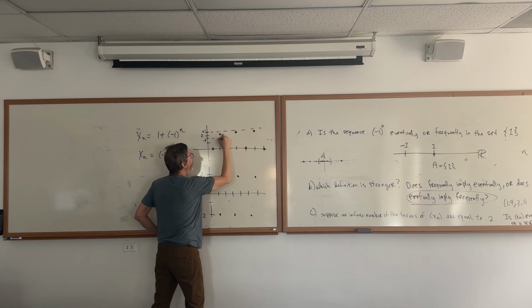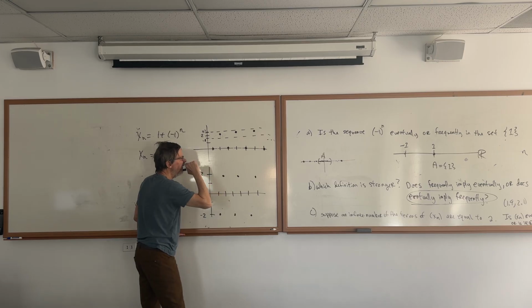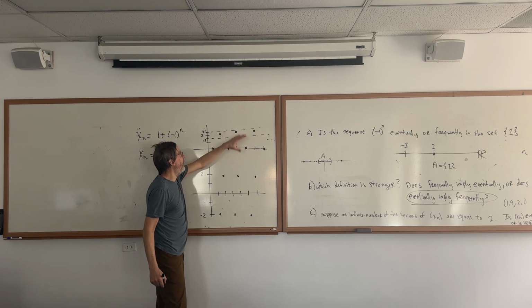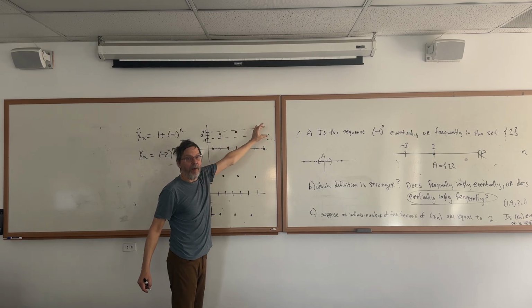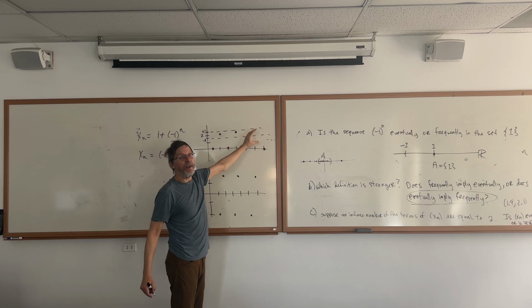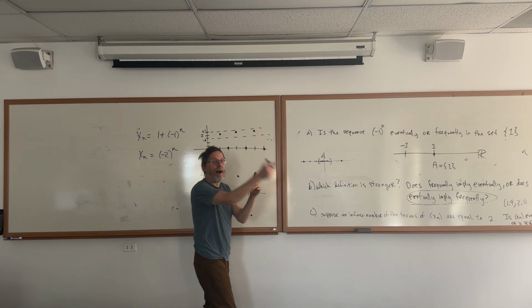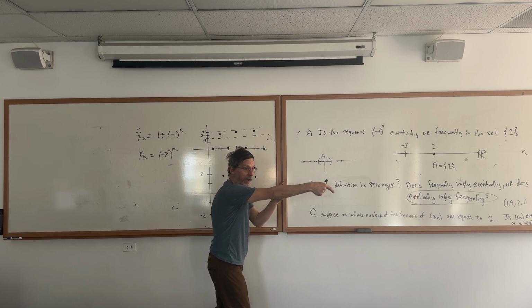We can think of our set as that 2 right there. This sequence will continue to visit that strip forevermore. So it's frequently there, but it's not eventually there, because there's always going to be another one that pops out of it at some point.